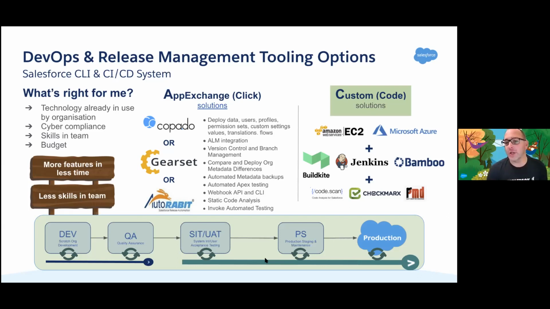And on your screen today, you'll see we have some click tools in the middle from our ISV partners like Copado, Gearset, and AutoRabbit. In those particular tools, they've already done the scripting. There's no scripting for you. They're managing the application lifecycle management software, and so those particular tools will deploy.